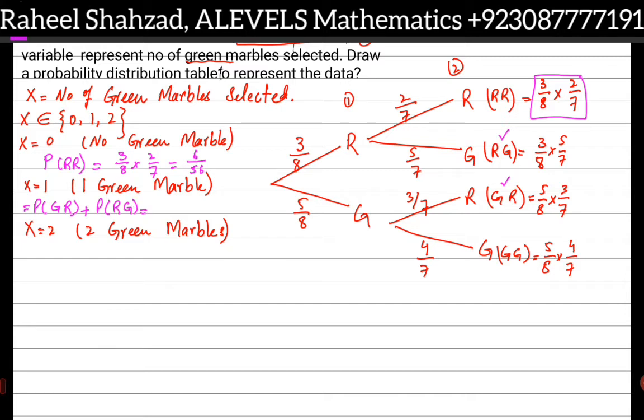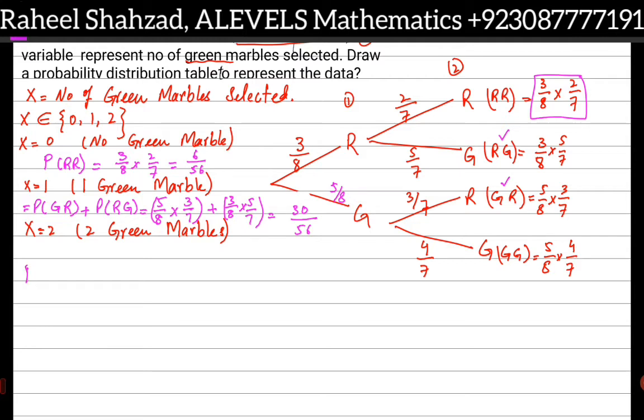So we are going to apply this concept in this way: green and red is 5 by 8 into 3 by 7, plus red and green, that is 3 by 8 into 5 by 7, right? And this is going to be 30 divided by 56, right?